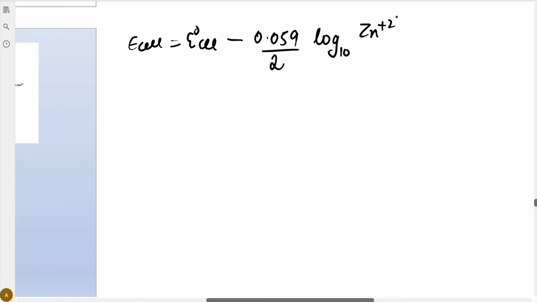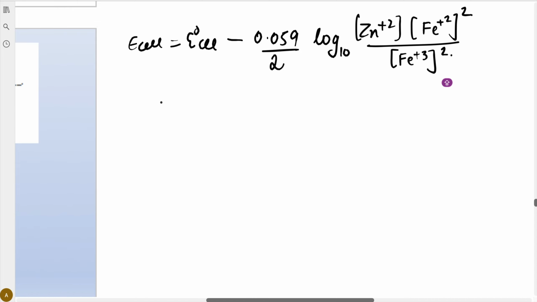Now E cell will be equal to E naught cell minus 0.059 divided by the number of electrons involved, which are 2 electrons, log with the base 10, product divided by reactant. In the product you have Zn2 positive and Fe2 positive ions, with power 2. Down it is Fe3 positive ions, power 2.